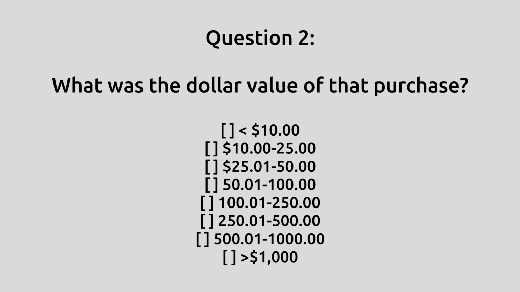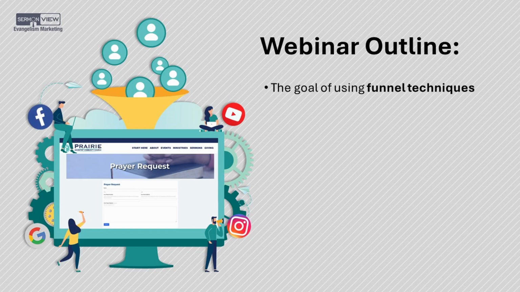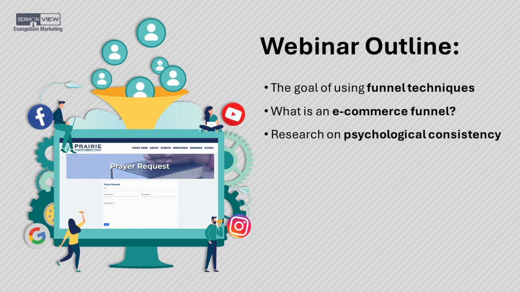We've got a lot of material to cover over the next hour, and here's where we're going to be going. First of all, we're going to remind ourselves the goal of using funnel techniques, which, spoiler alert, is to develop in-person relationships. And then with that goal in mind, I want to explain what a funnel is and how it's used in e-commerce. Then I want to share some research on psychological consistency that explains why funnels can be so effective.